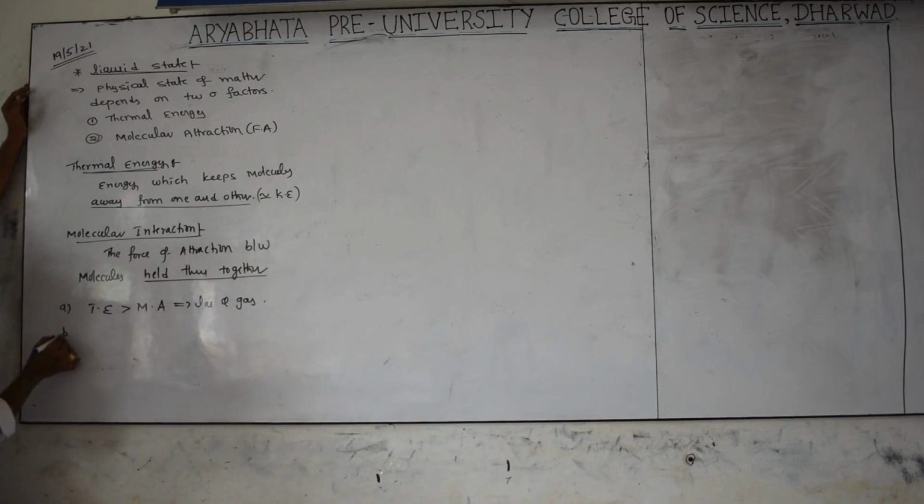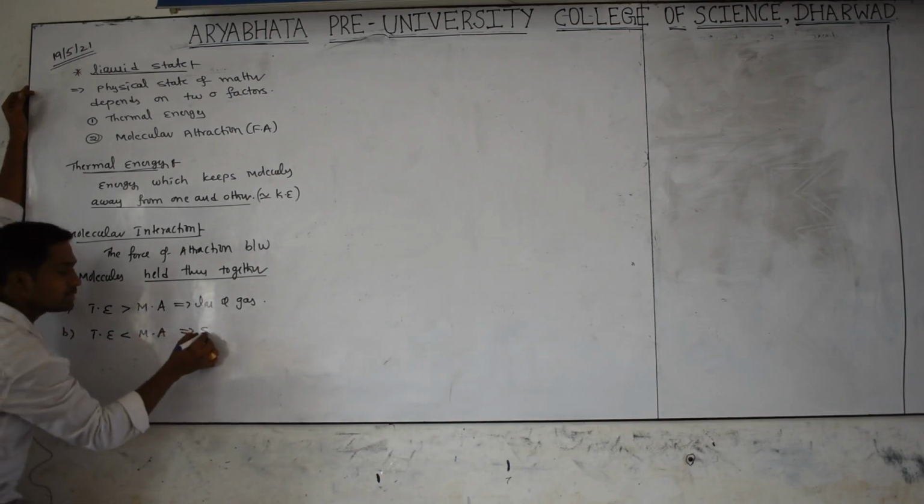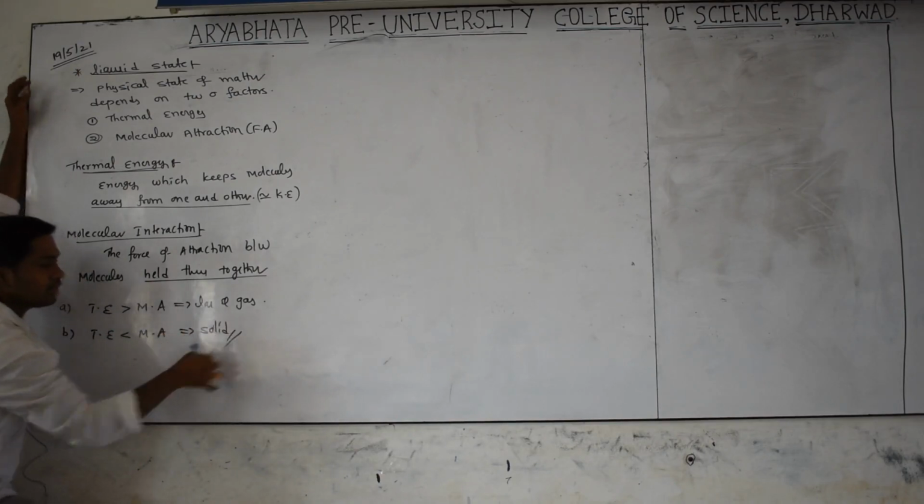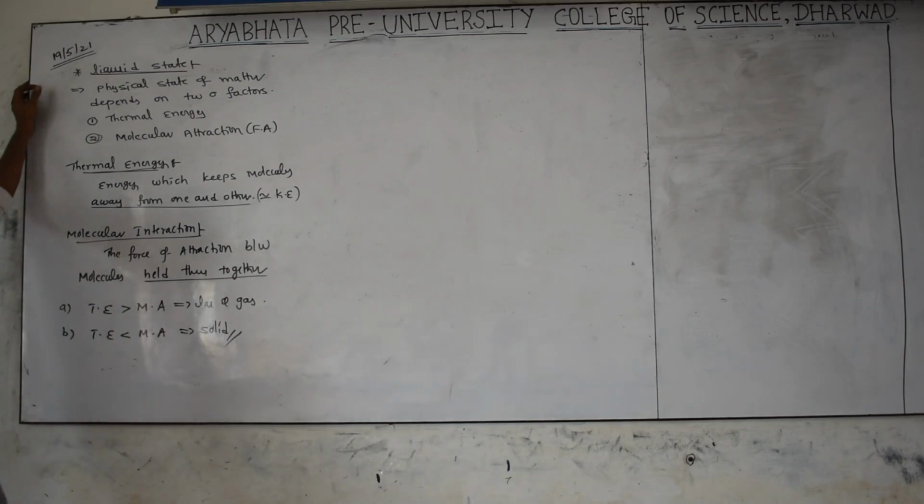Not like that: if thermal energy is less than molecular attractions, the force operating between the molecules is more than its kinetic energy. Automatically the molecules are held together very strongly. Then in which phase does the matter exist? Solid phase. Are you understanding?